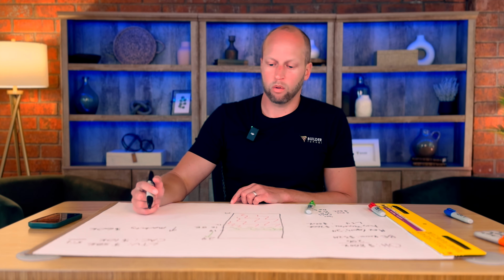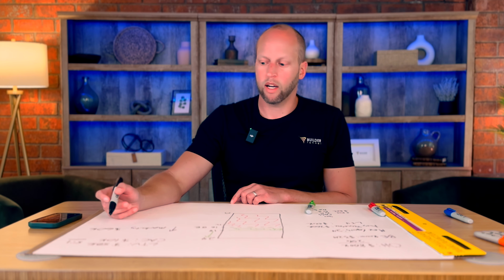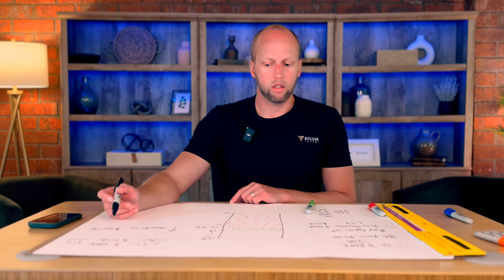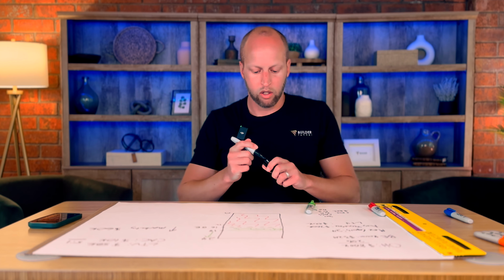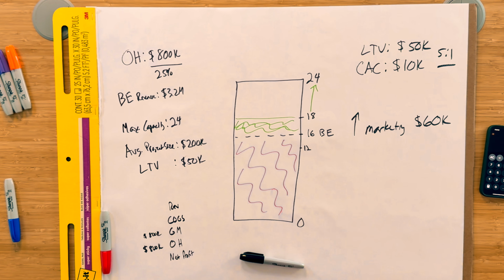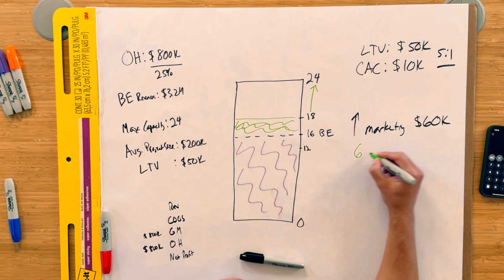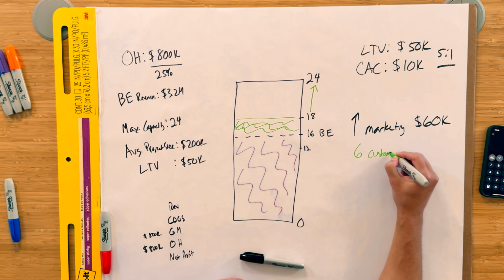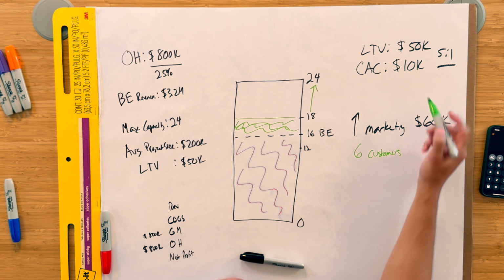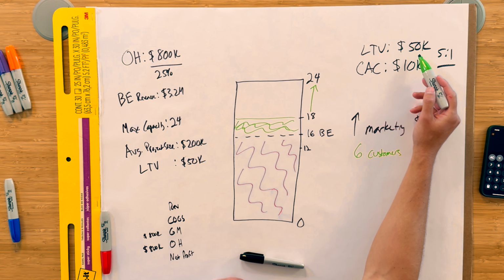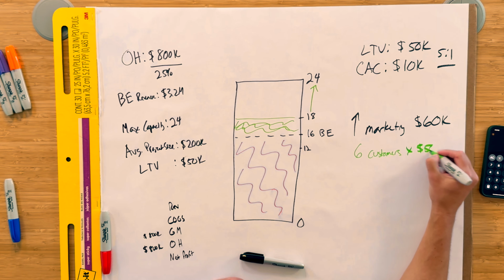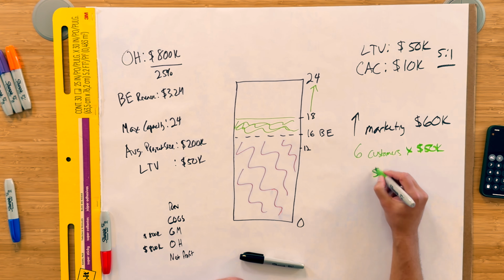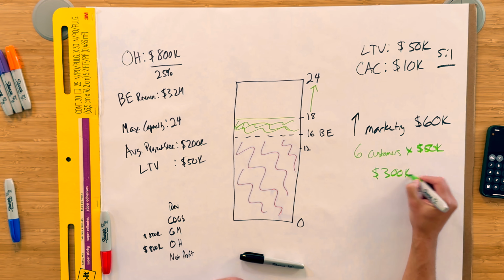Now, you may be thinking, well, gosh, we're going to add another $60,000 to our overhead, but what are we going to get back? And so we want to look at, okay, well, if we get 6 new customers, and customers are worth $50,000 in gross margin to us, that is $300,000.